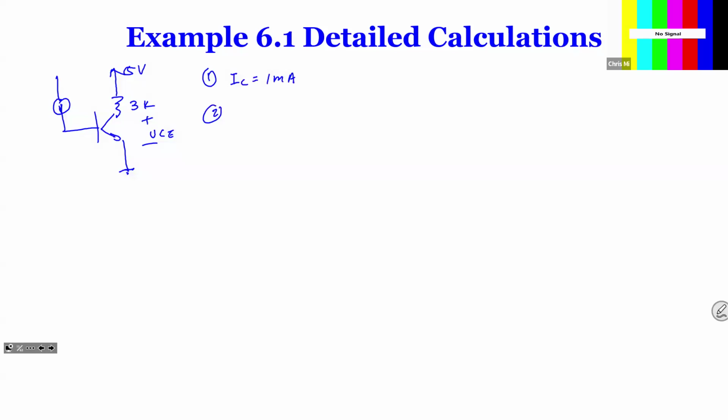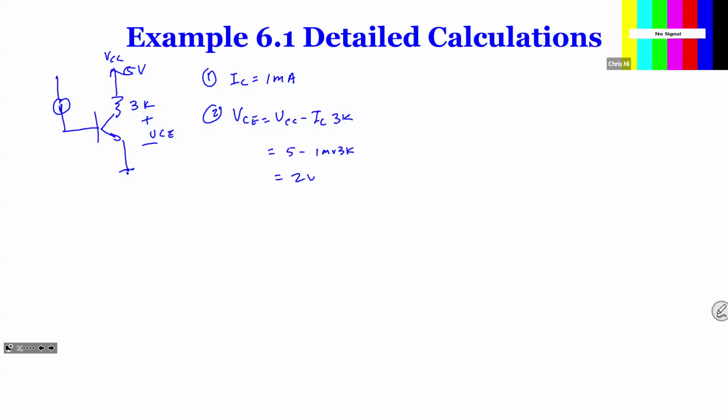So now you can calculate VCE equal to VCC minus IC times 3K. VCC is 5 volts minus 1 milli times 3K.